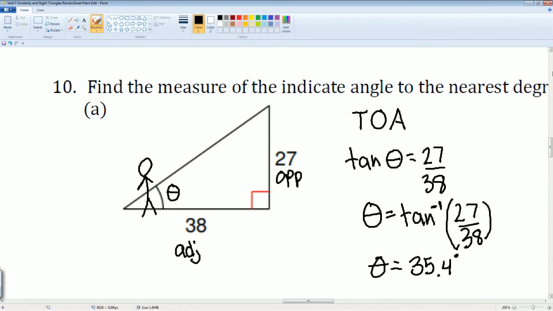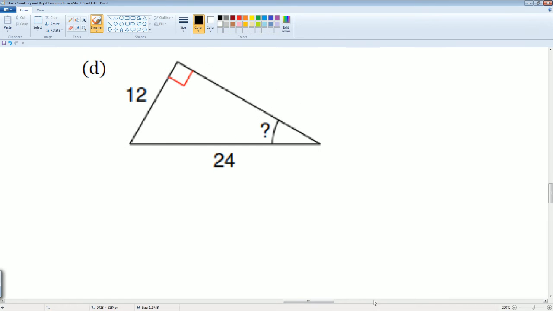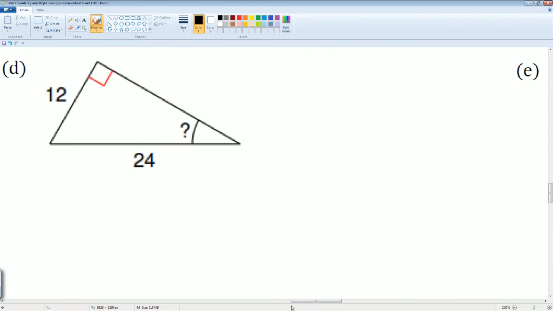Let's look at letter D. We draw the guy here. The question mark is our theta. 24 is our closest one. So is this adjacent? You're wrong. Let me show you.